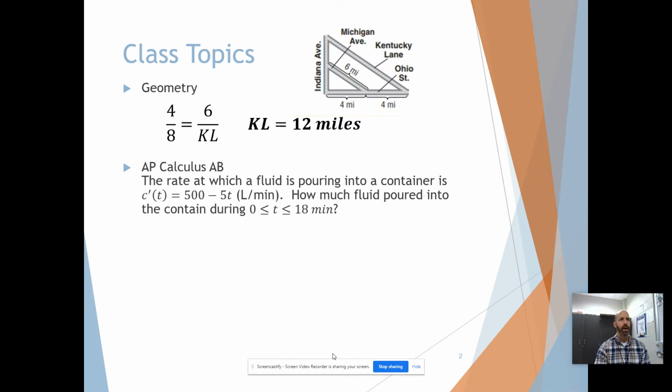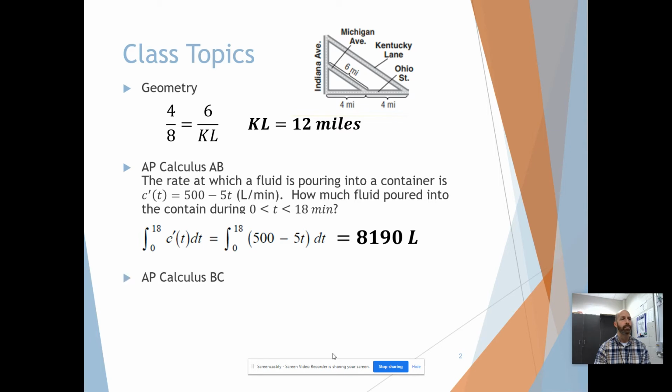And the question is how much fluid poured into the container during 0 to 18 minutes. So the net change theorem tells us that would be the integral of the rate of change from 0 to 18. And so we would then integrate the function 500 minus 5t, and we'll get an answer of 8,190 liters would have flowed into the container during those 18 minutes.